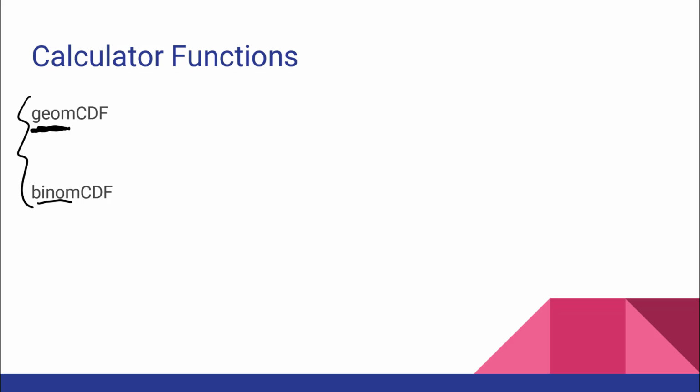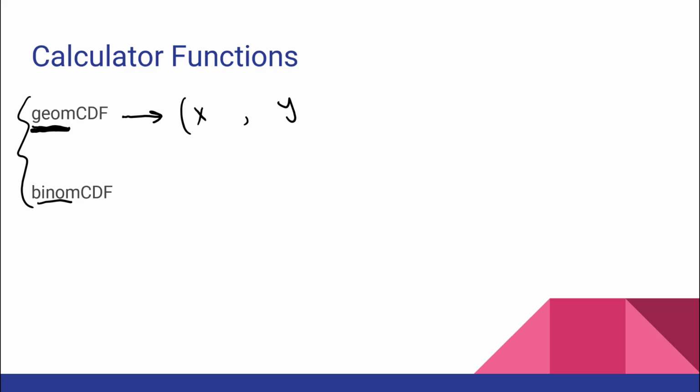For example, if I ask you, what is the probability that you get a toy after opening at least 5 boxes? At least 5 boxes means you have to add up all of the probabilities from 5 to infinity. This is not something you can do by hand, and this is something that you have to do with your calculator.